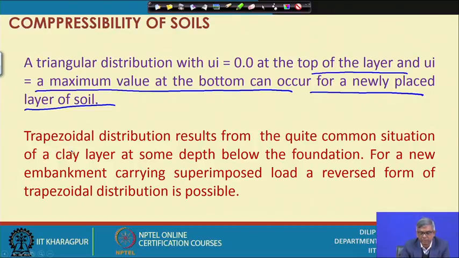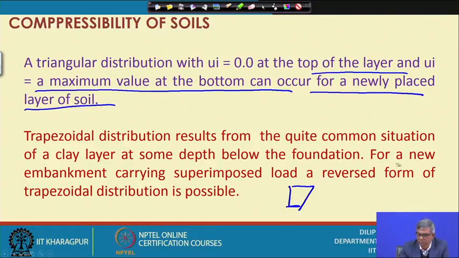And a trapezoidal distribution results from the quite common situation of a clay layer at some depth below the foundation. That means if the thickness is quite large, the distribution of stress will be more at the shallower depth and less at the greater depth. So, as usual, there will be a trapezoidal distribution, more at the shallow depth and less at the greater depth.